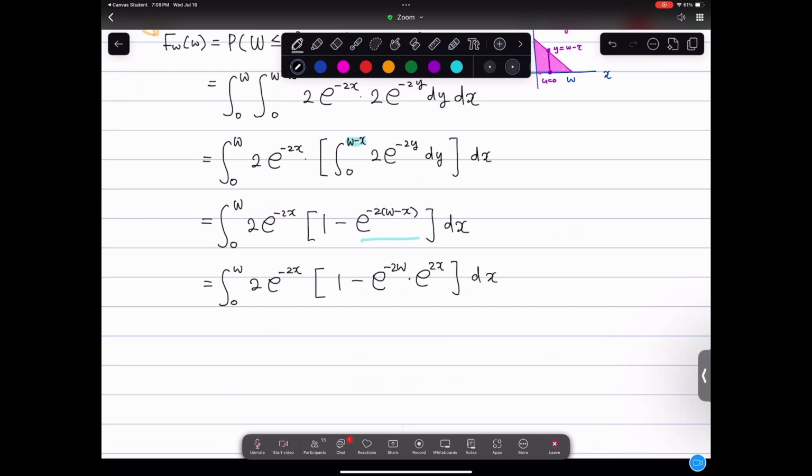So when I multiply it out, you will get 0 to w, 2 times e to the power of negative 2x. Then subtracting, when I multiply this times this, that and that will be gone. So I'm getting this one, that's going to be e to the negative 2w dx.